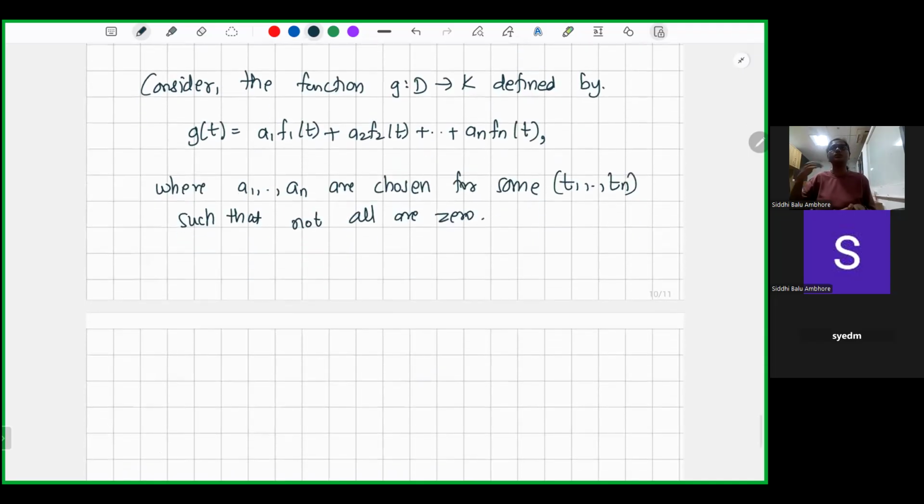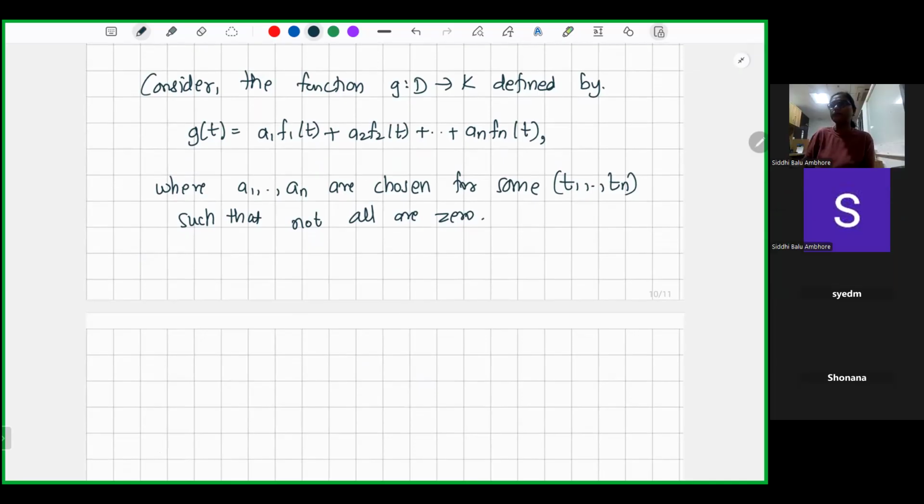And we can do this because these Fis are given to be linearly independent.